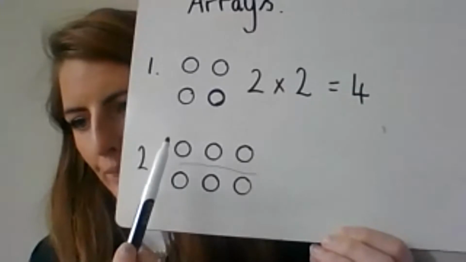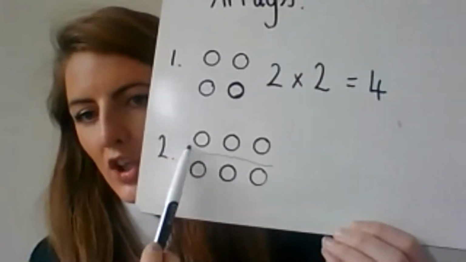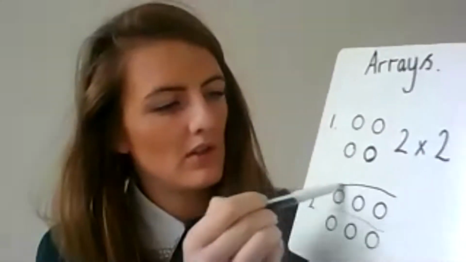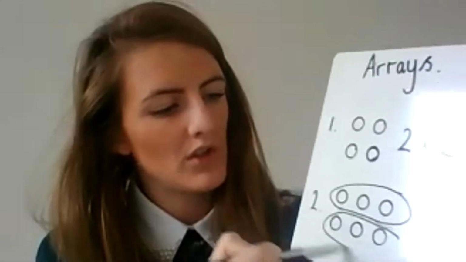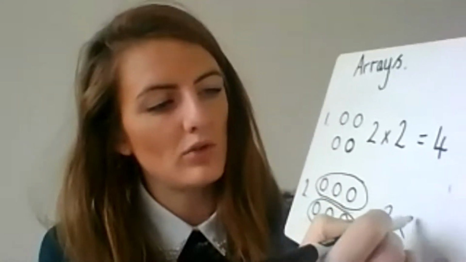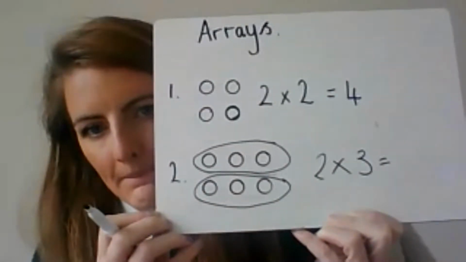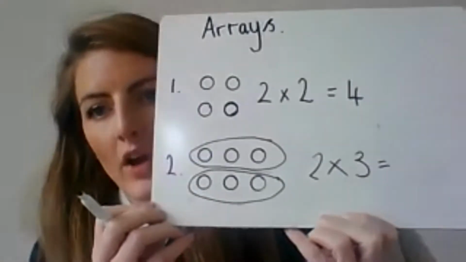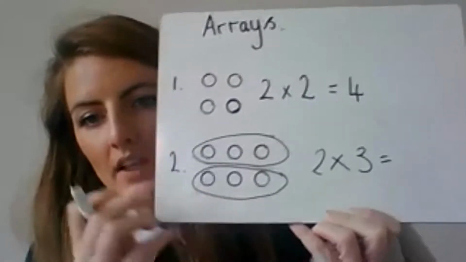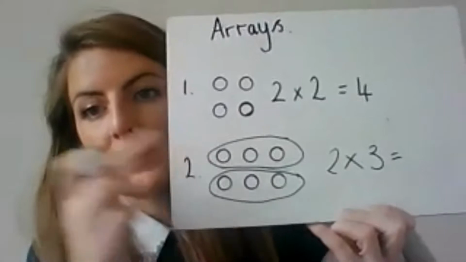So there are 2 equal groups with 3 in each row. How many altogether? We did the threes last week: 3, 6. So the answer is 6.